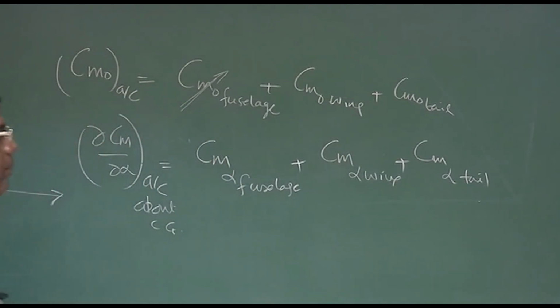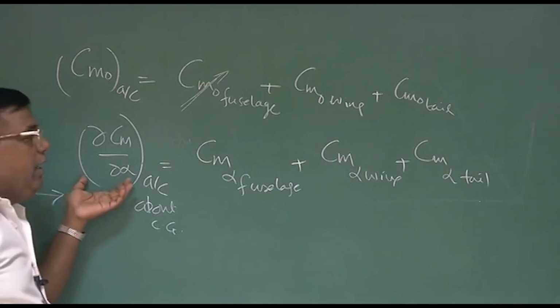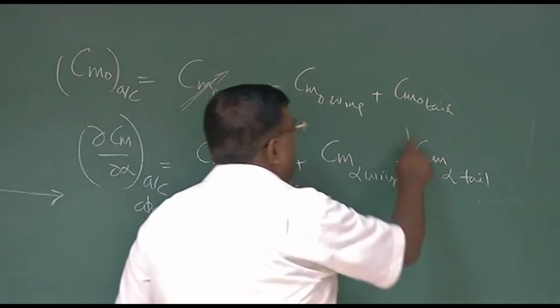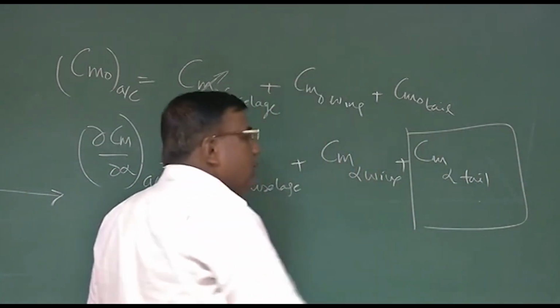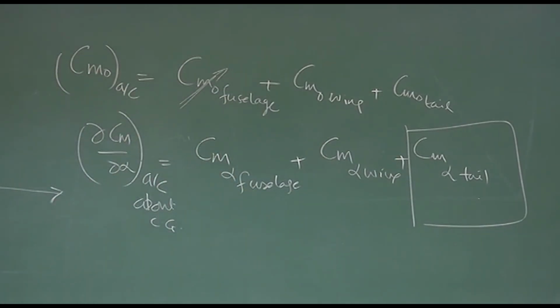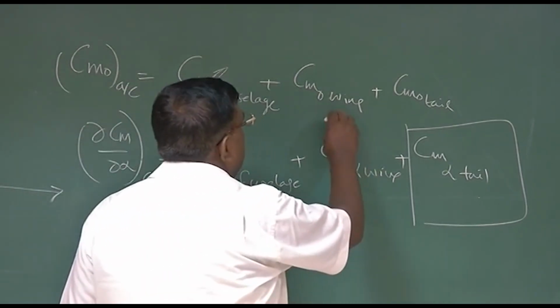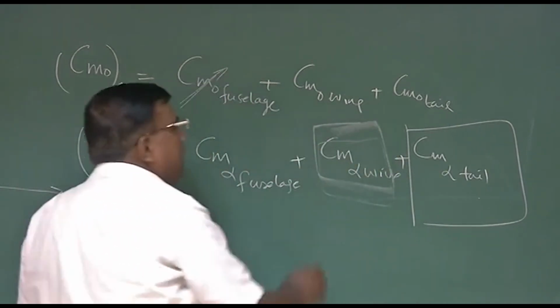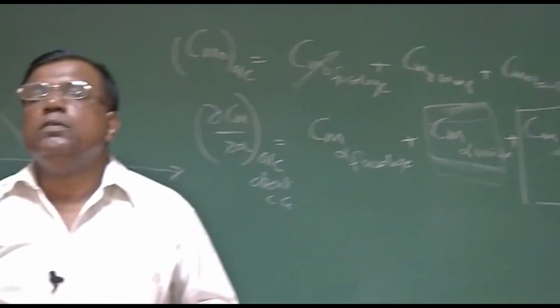But you can very well appreciate that the Cm alpha, the static stability part, we are expecting primarily from the tail, and that is why it is also called horizontal stabilizer. Wing, we are not expecting too much from stability point of view, because wing, we say, oh dear friend, your primary job is to produce lift.